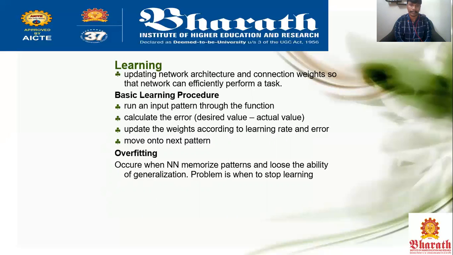After calculating the error, the weights are updated according to the learning rate and error rate, so that the network produces the output without any error. That is known as updating the weights according to the learning rate and error rate.